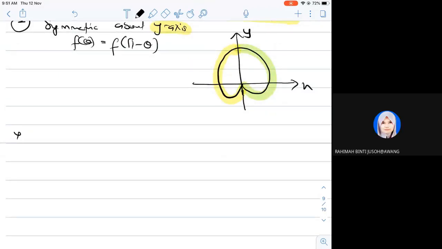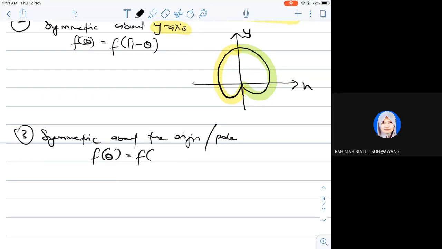Yes, Doctor. Okay, number 3. Symmetry about the origin, or the pole. Samalah origin atau the pole. We need to show that f theta equals f pi plus theta.